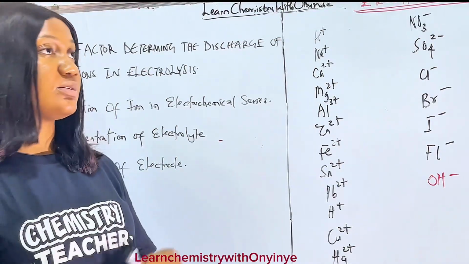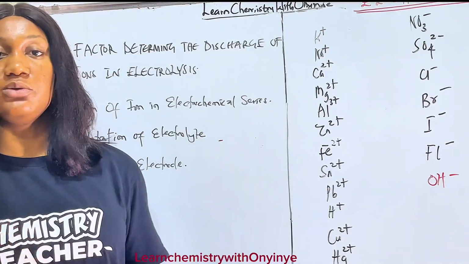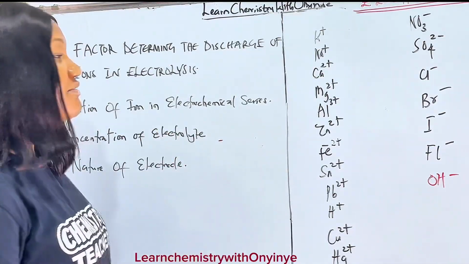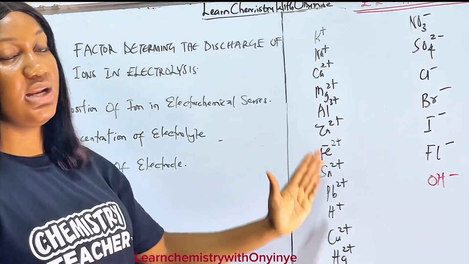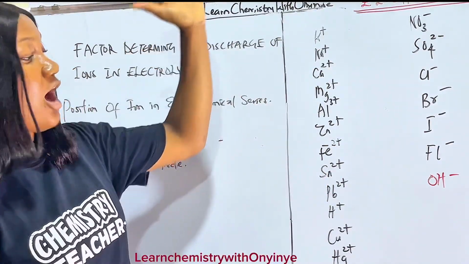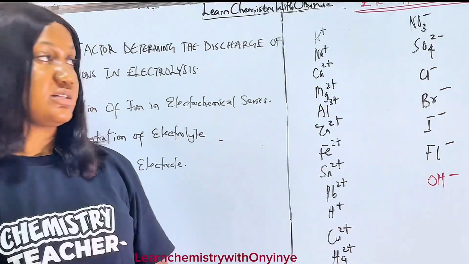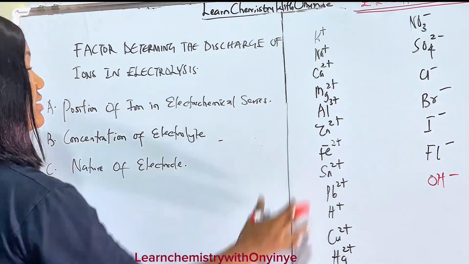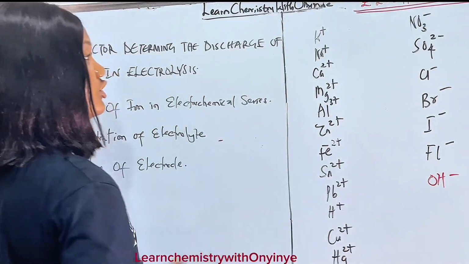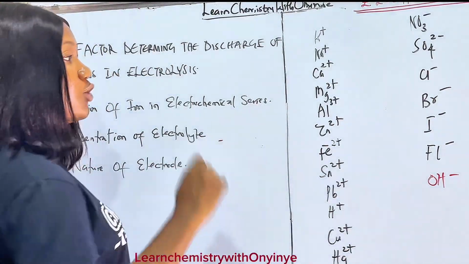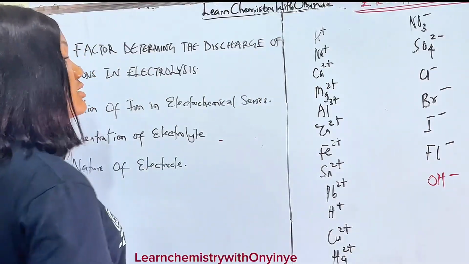The positive ion will go to the cathode and the negative ion will go to the anode. But when we have an aqueous solution, then we start looking at our electropositivity and electronegativity series.